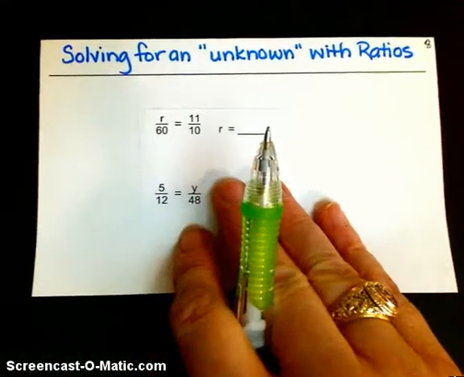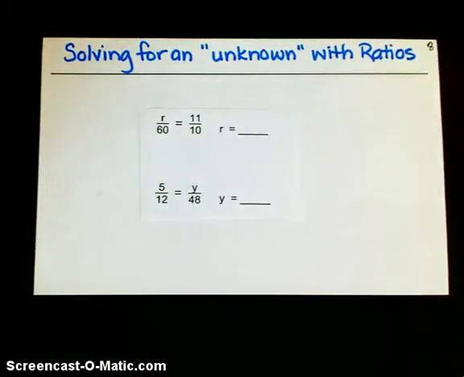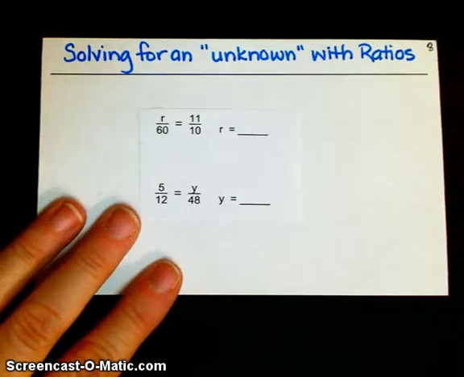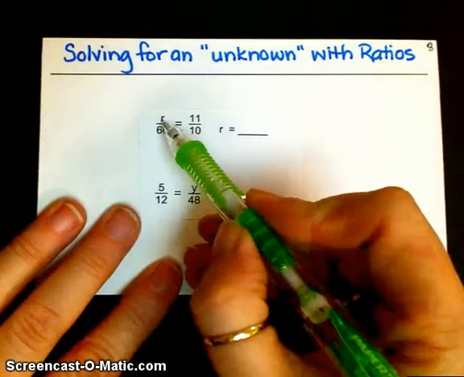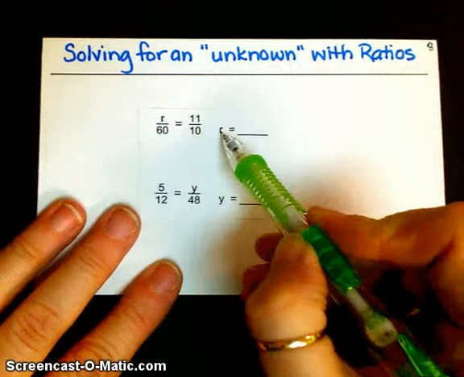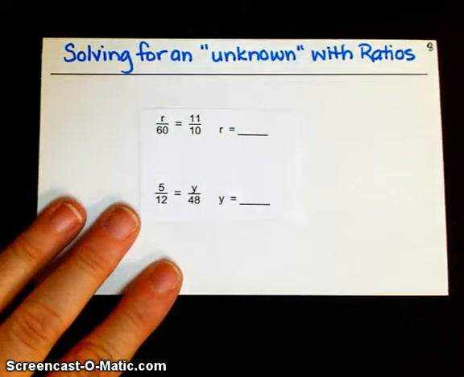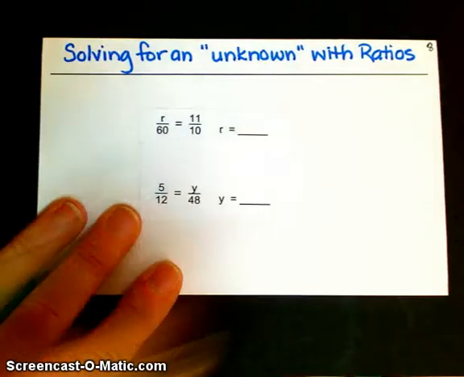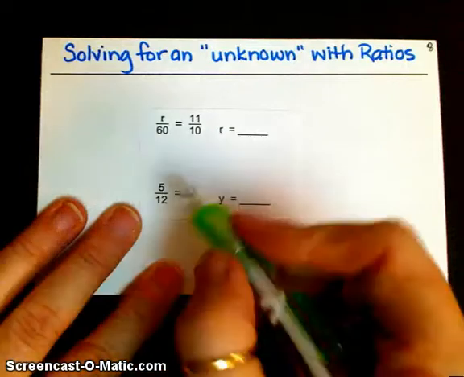And the last thing you're going to need to know to do with ratios is how to solve for the unknown. This is something you guys have not seen before until now, where we use a letter in place of where the unknown is. And that just means that that letter can stand for a specific number that you find. We have to find out what the value of R and Y are. We want these two to be equivalent ratios to each other.